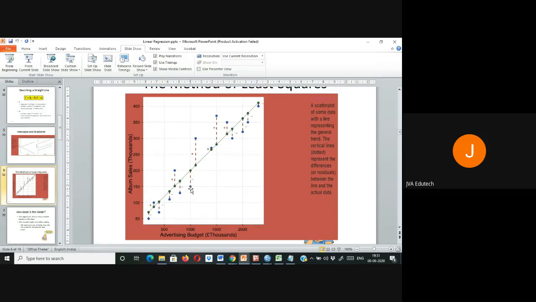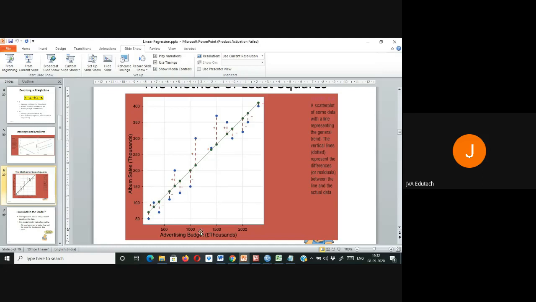And if the regression line actually passes through a point, the residual at that point is 0. At this point the residual will be 0, but above the line they have a positive value, and below the regression line they have a negative value.